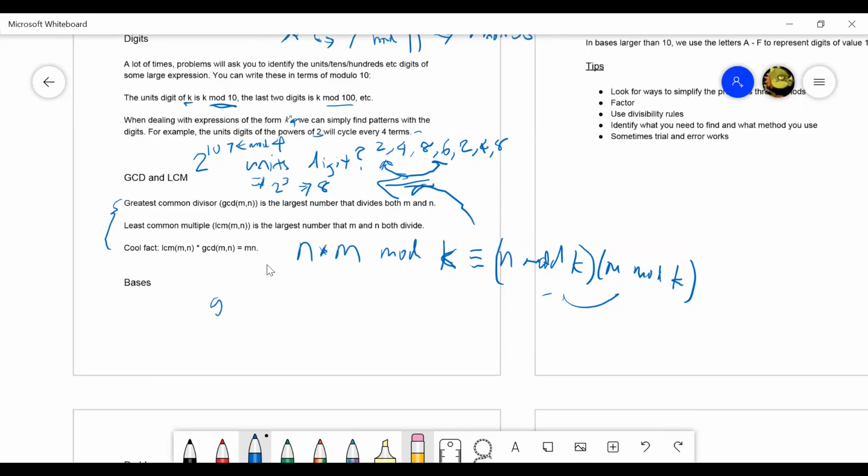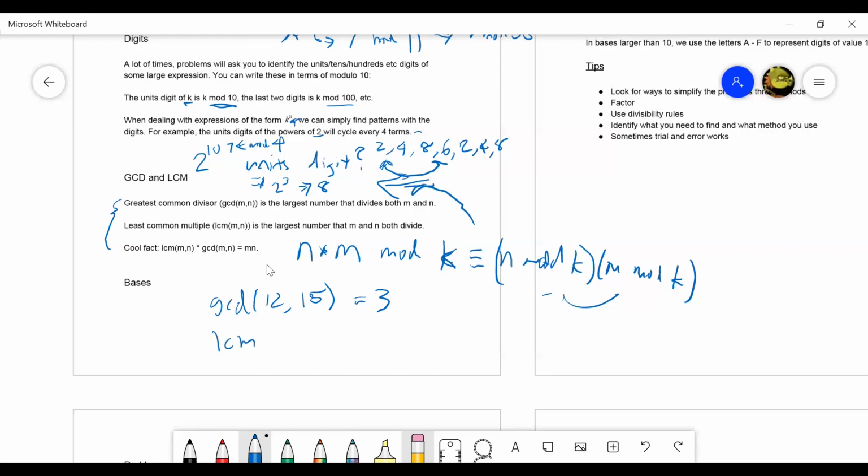Let's say the GCD of 12 and 15. This is equal to 3, because 3 is the largest number that divides both of them.